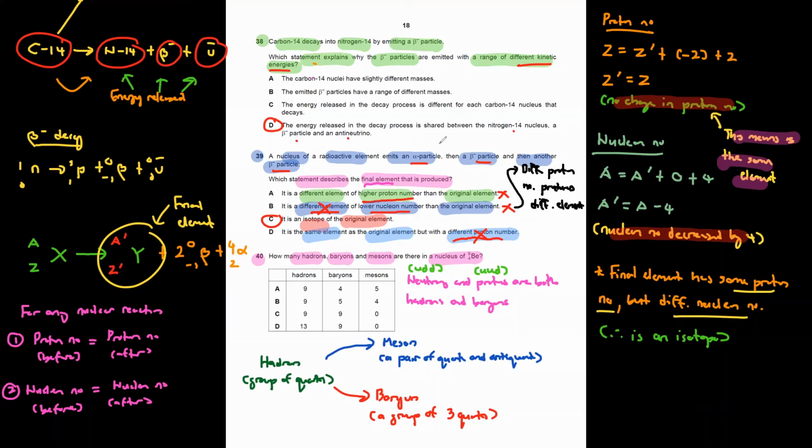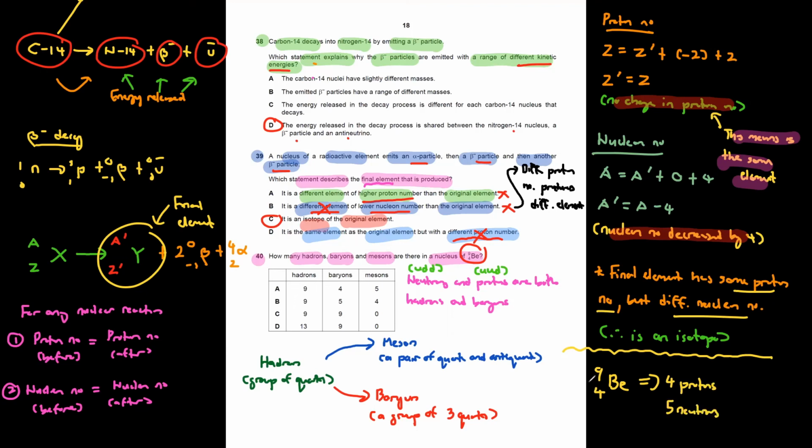Okay, so now to answer this question, how many hadrons, baryons, and mesons are there in beryllium 94? Let's have a look at the nuclide notation. If you're talking about beryllium 94, this should tell you that you have 4 protons because the proton number is 4, and you should have 5 neutrons.